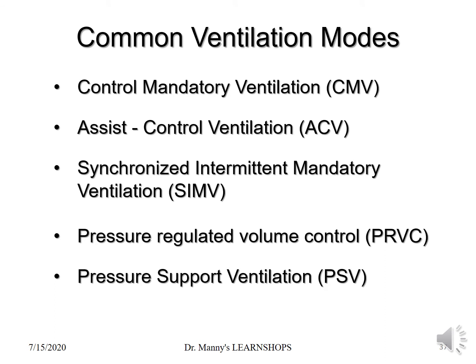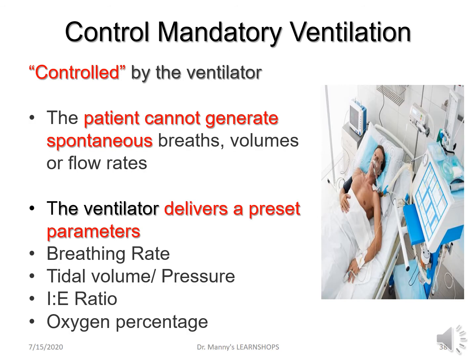Pressure-regulated volume control, machine is still in control. Pressure support ventilation, patient is primarily doing most of the work. Control, mandatory or mechanical ventilation as far as terminology goes. The ventilator's in control.